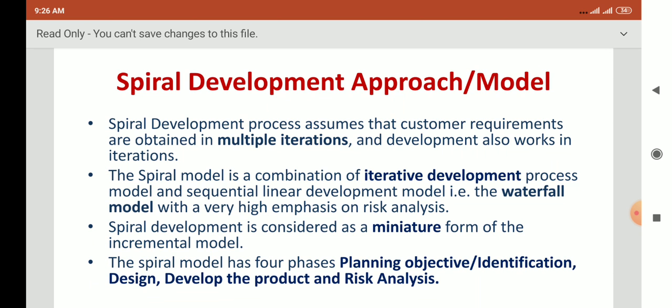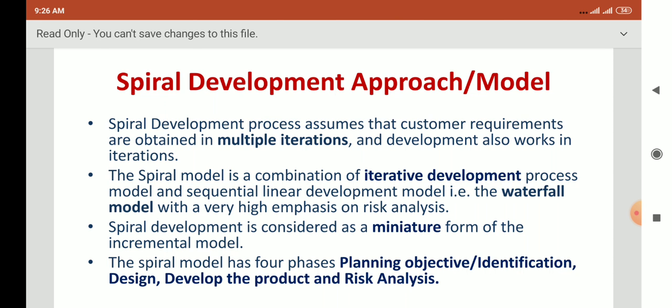The spiral model is a combination of the iterative development process and the sequential linear development, that is the waterfall model. In addition to this, there is a very high emphasis on risk analysis.